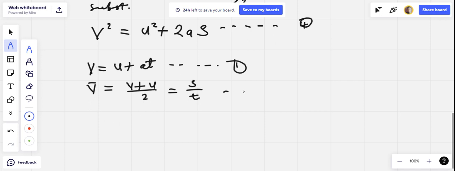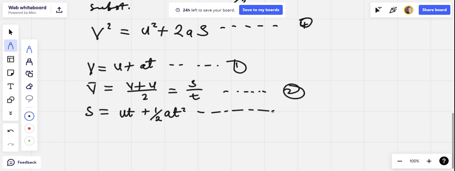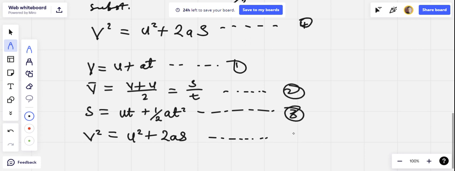And then the next one we developed was displacement will be given as u times t plus a half at squared. And then the last one we developed was v squared equals u squared plus 2as. That's the fourth one.